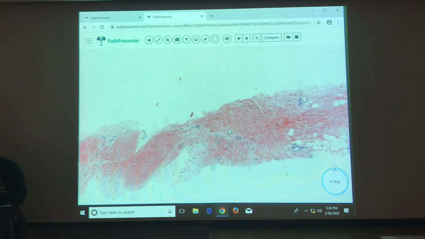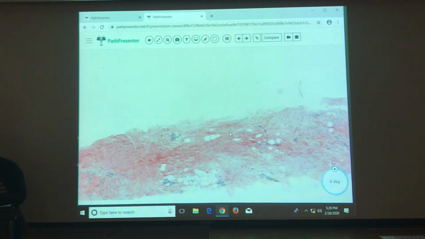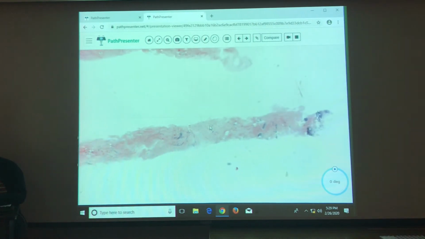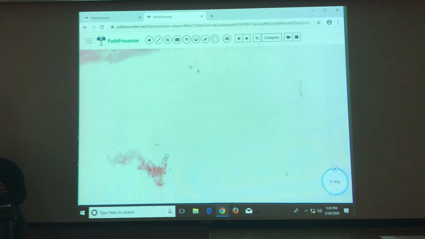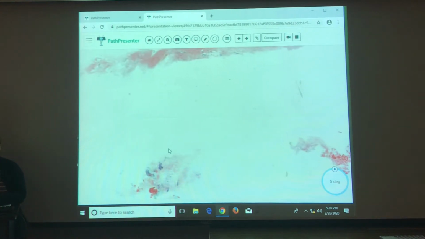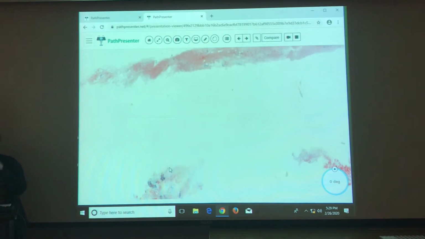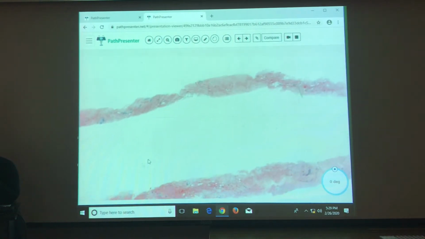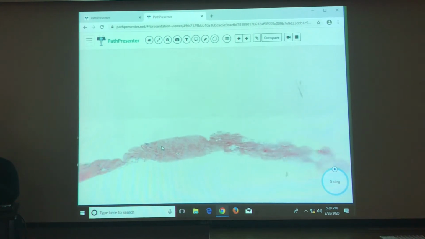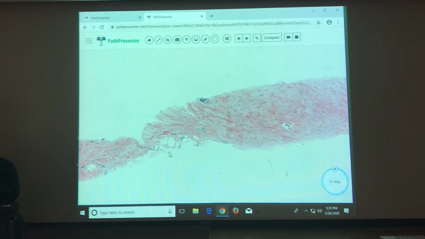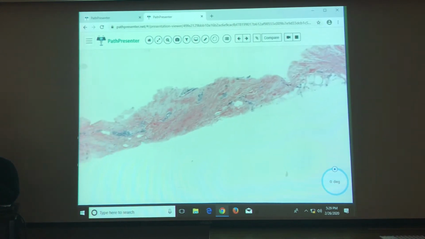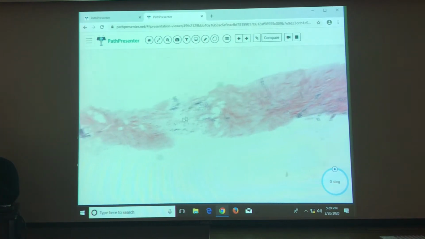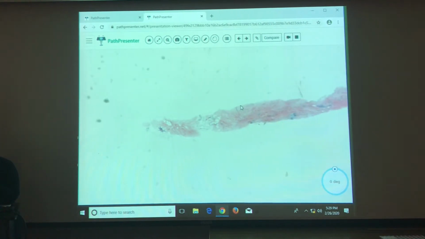So my hint for you will be we're dealing mostly with epithelial lesions today. So then would we include fibroadenoma? Probably not. Okay, so if this is not fibroadenoma, then what else could this be?